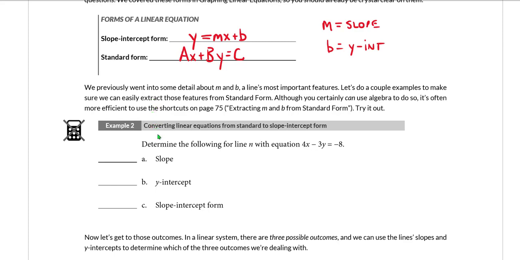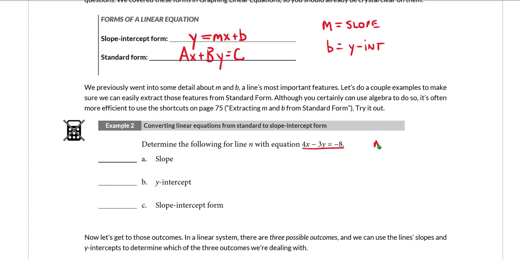So here's what we're going to do in example 2. We are going to take a look at this standard form equation, and we are going to derive from it the slope, the y-intercept, and slope-intercept form. Now, for those of you that have done the section 8 video, you should be using your shortcuts here.